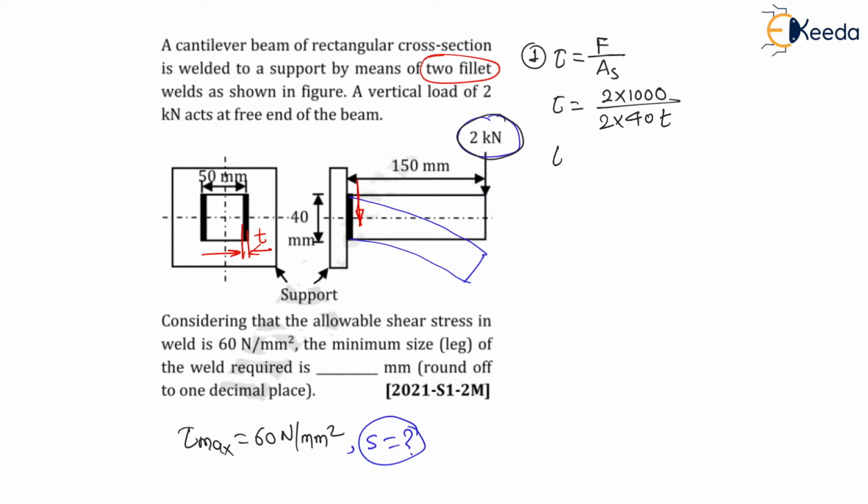Therefore this will be the shear stress in the weld, which, if I simplify this, I will get 25 divided by T in MPa. If I put their values in MPa, that is Newton per mm square, then thickness will be in mm.